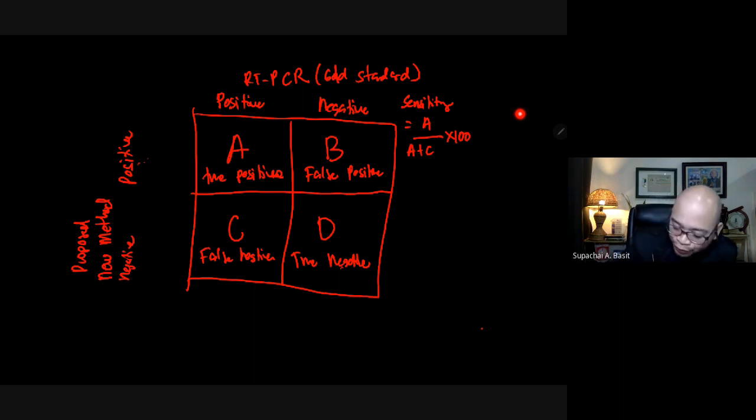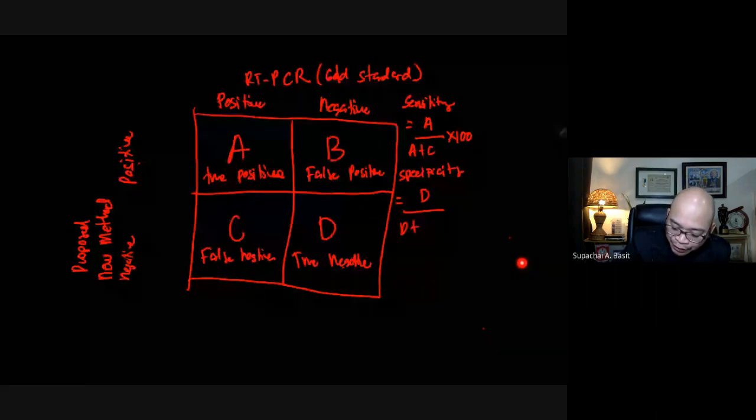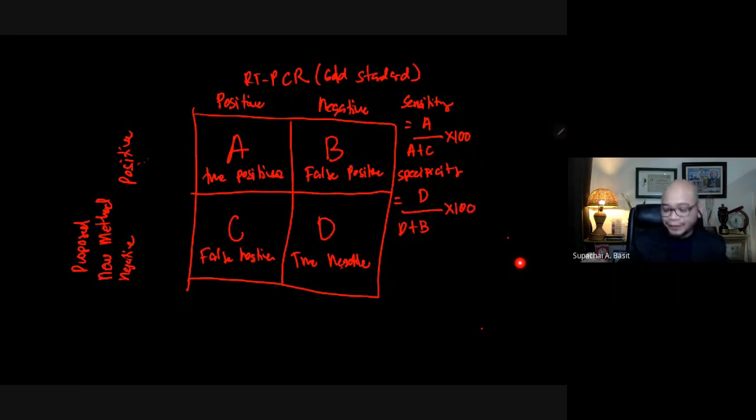Now, to compute for a specificity, the equation would be D over D plus B times 100. So meaning to say, you get the proportion of true negative over true negative plus false positive times 100.